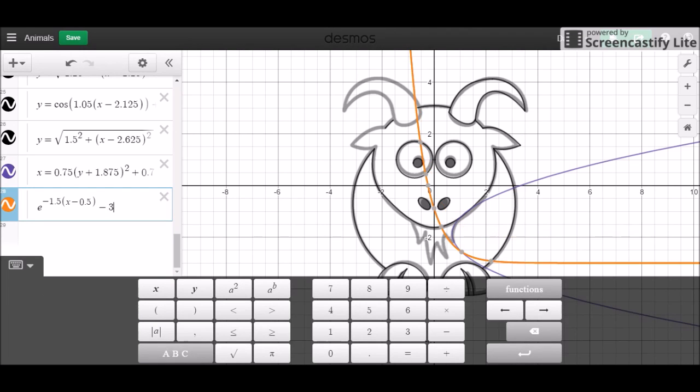This is starting to line up. Okay, maybe stretch this up a little bit. Okay, and this looks like something that we can stick with.